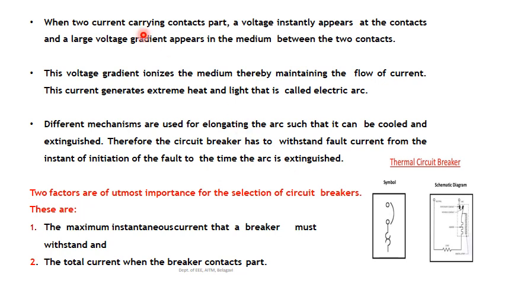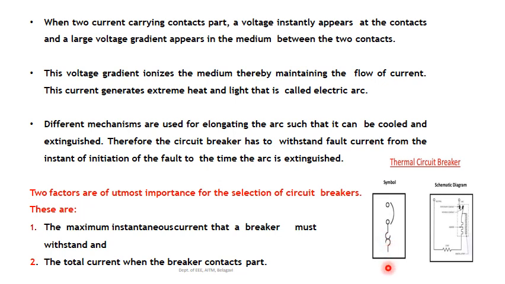Okay, so as I told, there are two contacts. Let us consider this basic symbol for the circuit breaker. As we know, there will be two contacts present in our circuit breaker. During normal operation, what will happen? The current will flow through these contacts, through these other protective devices, to our main system.